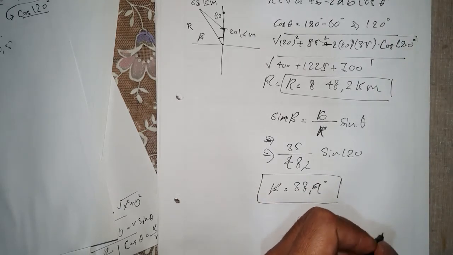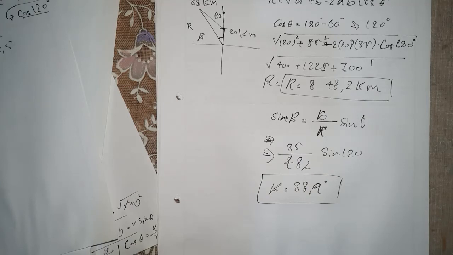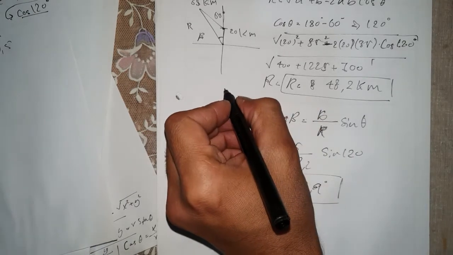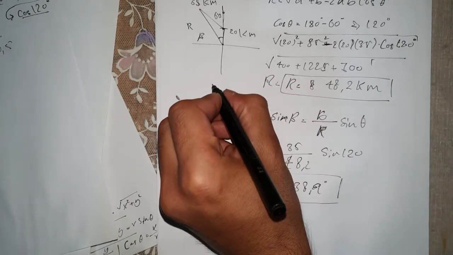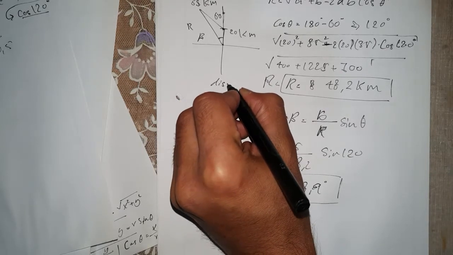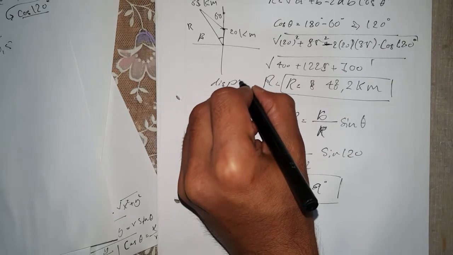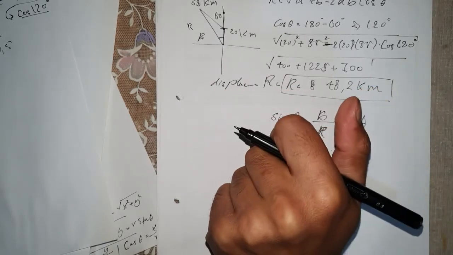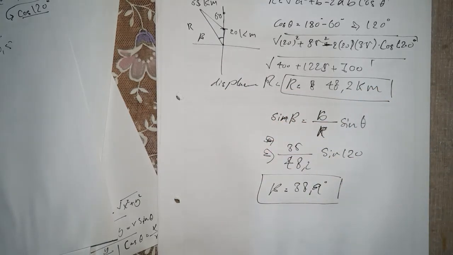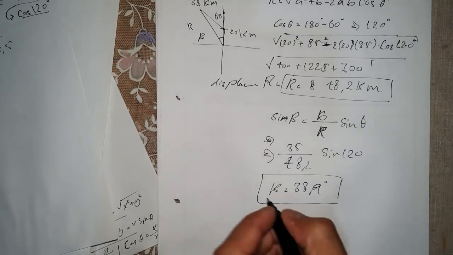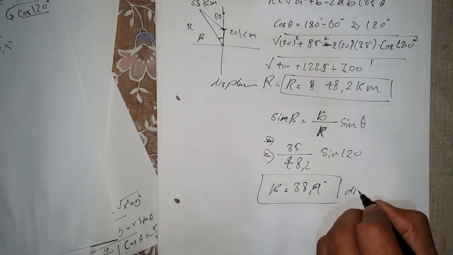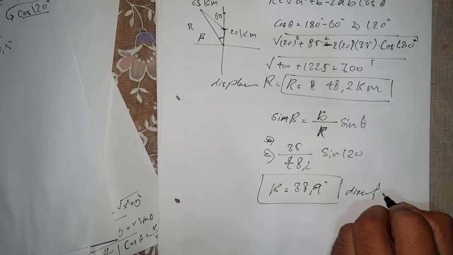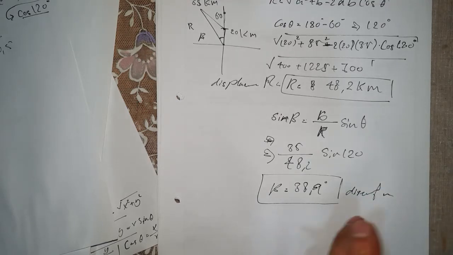So this is our resultant displacement, and this is how we can find the direction. That's it for this video.